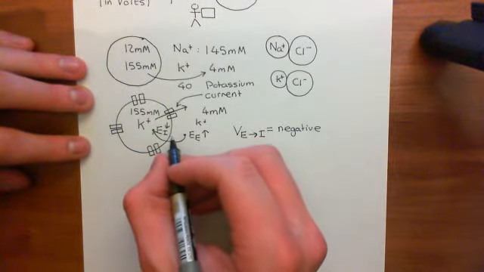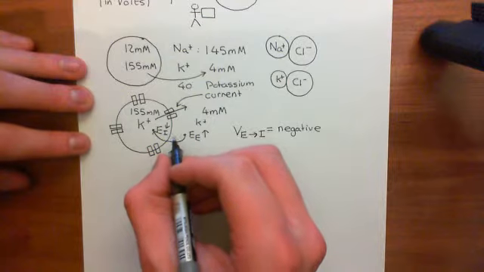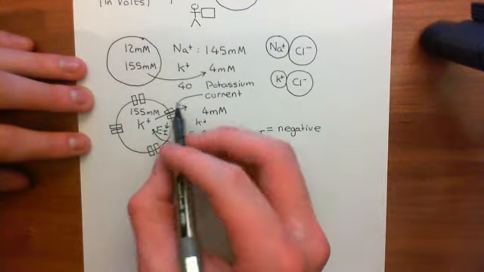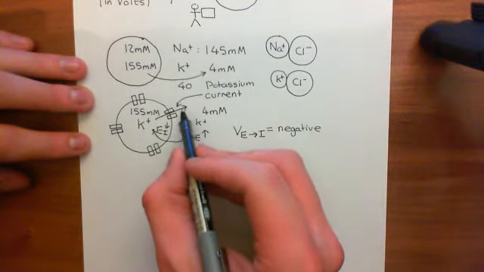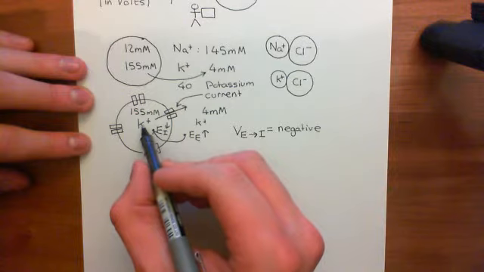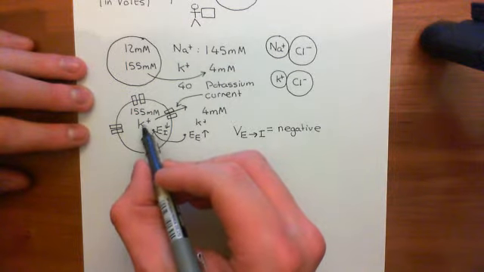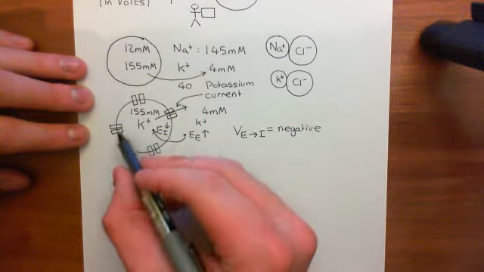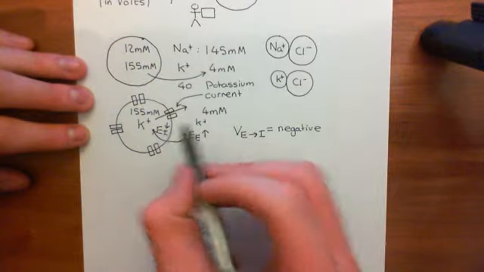Now, what effect is this going to have? Well, basically this is going to start opposing the movement of potassium ions out, because potassium ions are positively charged particles. Positively charged particles prefer to be where the electrical potential is lower, which at the moment is the intracellular compartment, okay?